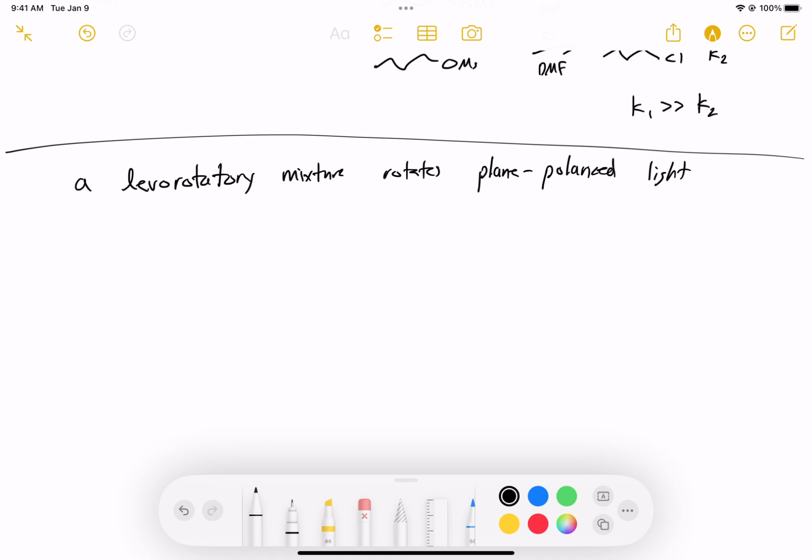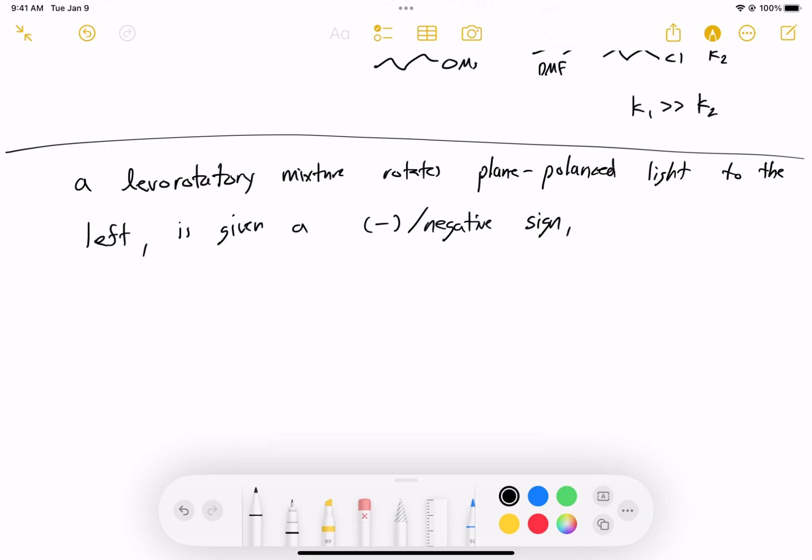So this would rotate it to the left. Remember, dextro is right-handed, and to the left is going to be levorotatory. Okay, to the left, and it is given a negative sign.